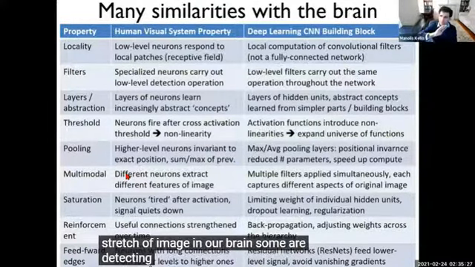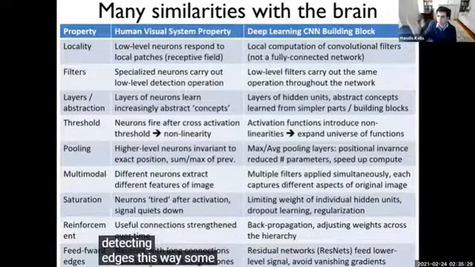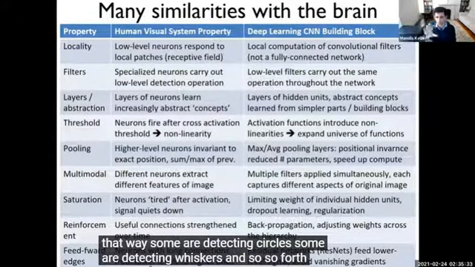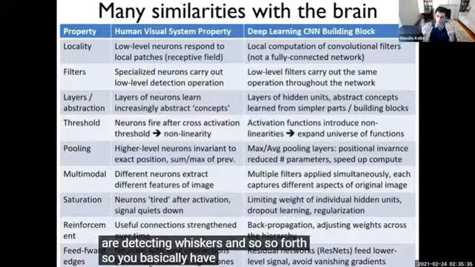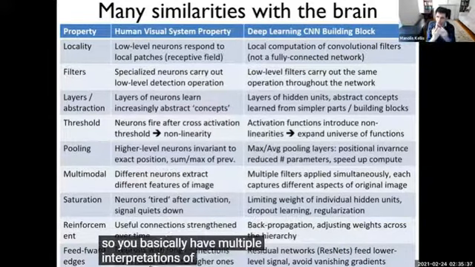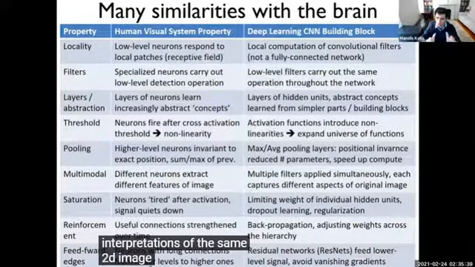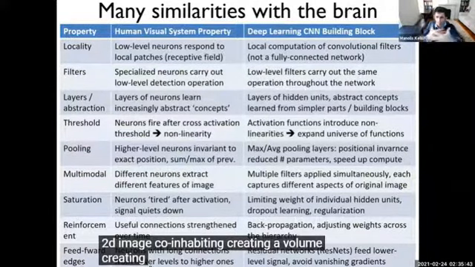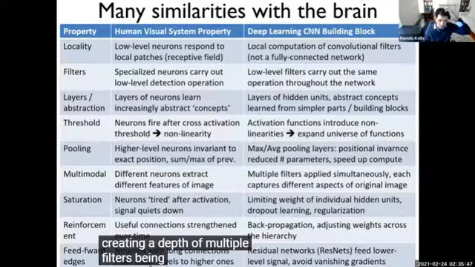Some are detecting edges this way, some are detecting edges that way, some are detecting circles, some are detecting whiskers, and so on and so forth. So you have multiple interpretations of the same 2D image co-inhabiting, creating a volume, creating a depth of multiple filters being applied at the same time.